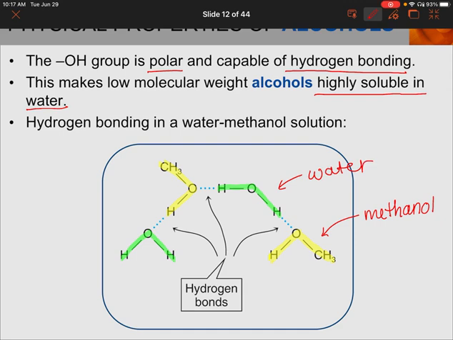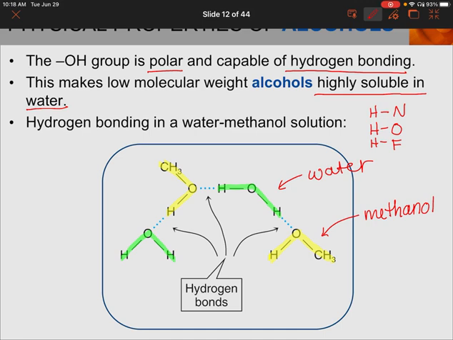But remember, in hydrogen bonding, if you have a hydrogen bonded to either nitrogen, oxygen, or fluorine, that has the potential to hydrogen bond.